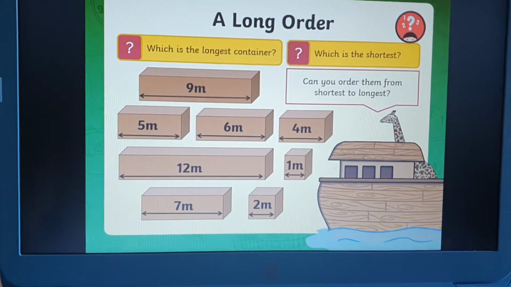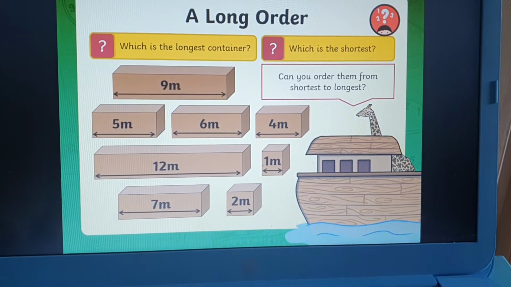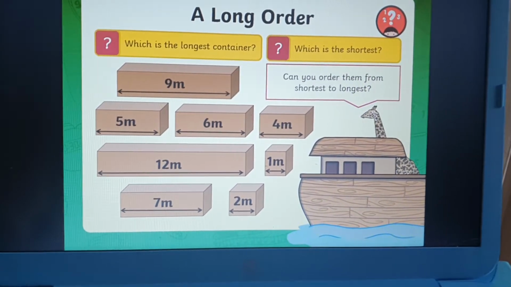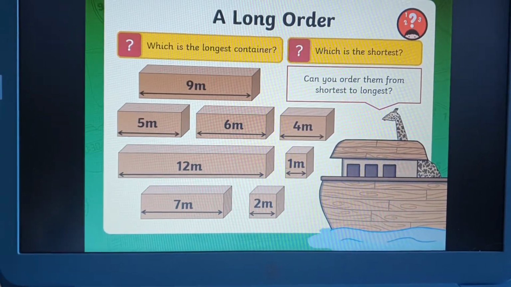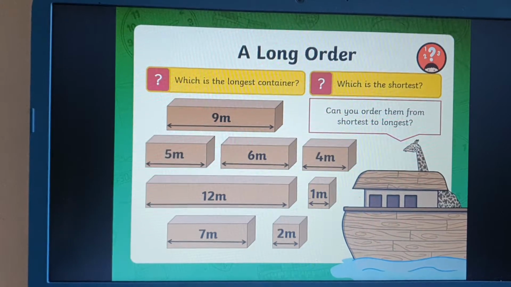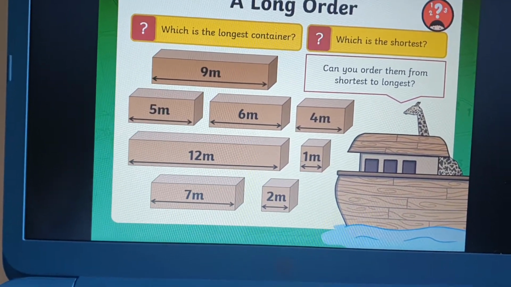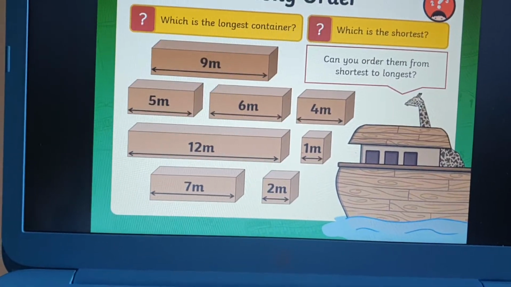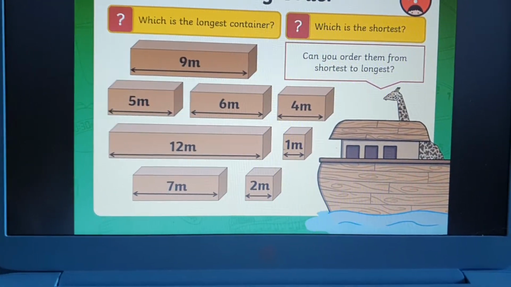Okay, so to start with, you were asked which was the longest container and which was the shortest. So it's really important that you know what those words mean. So have a little think. So the longest ones are going to be the biggest ones, aren't they? I want you to have a look at those numbers there and see if you can first of all identify which one is the longest.